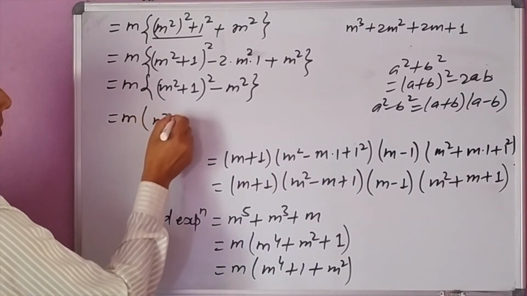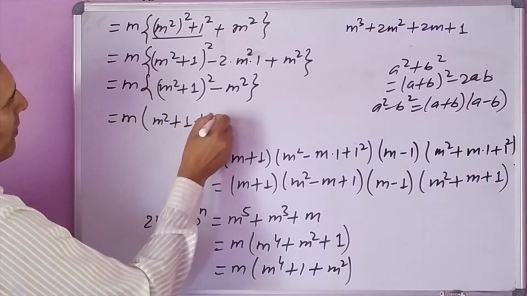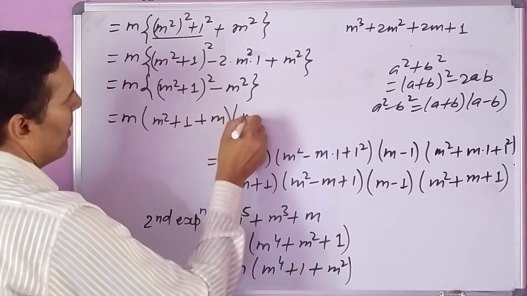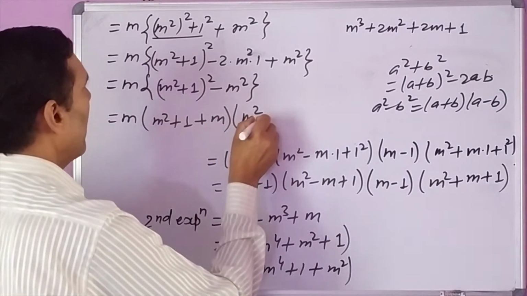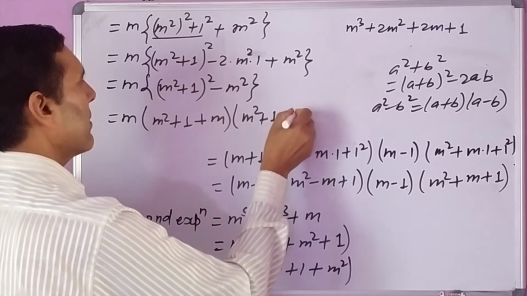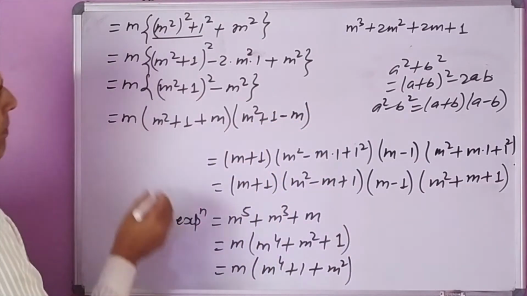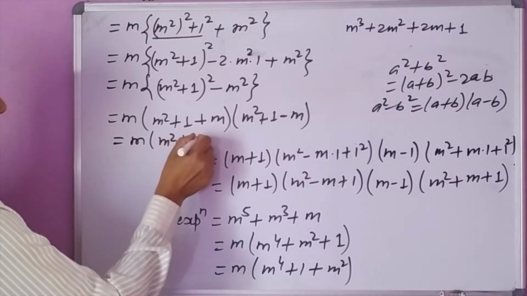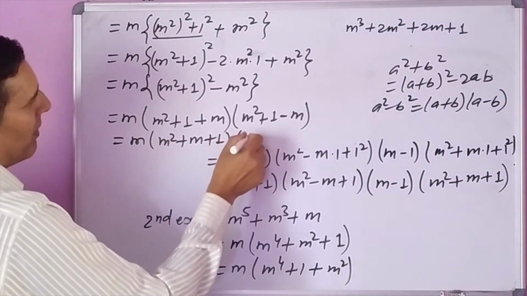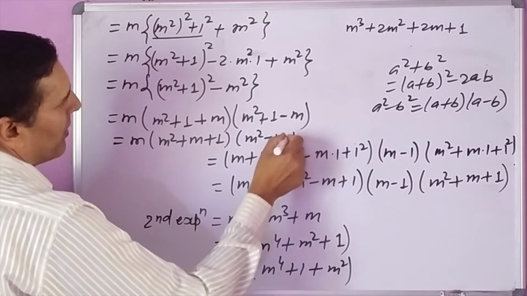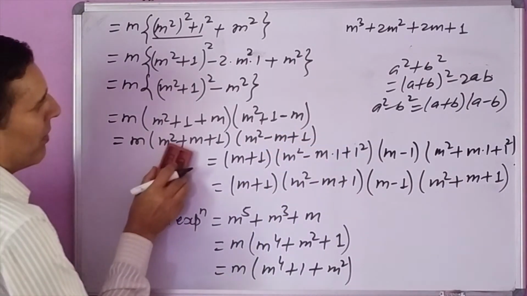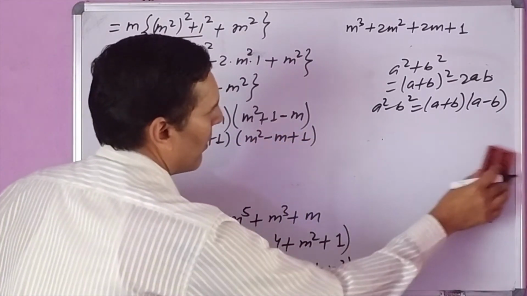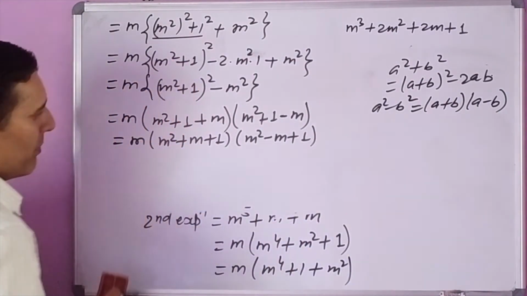It is m square plus 1 plus m, a plus b, m square plus 1 minus m, a minus b. If you write these in order, m square plus m plus 1, m square minus m plus 1. So in this way, we have factorized this second expression as well.